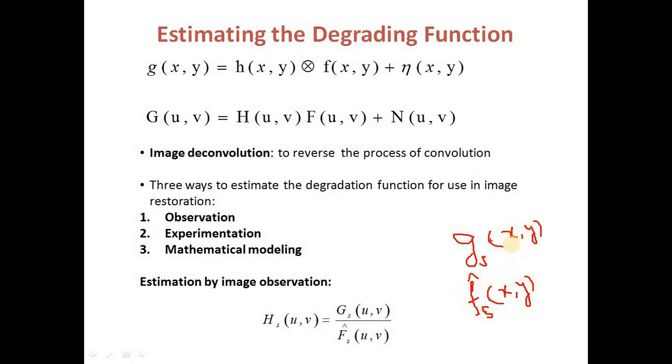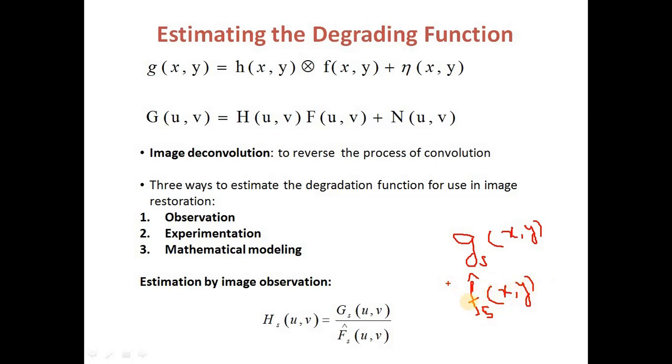We assumed that g s of x comma y was a blurred image, and we tried to estimate the deblurred image as f s cap of x comma y. We got it by using the image sharpening filters and whatever deblurring process we could do, so that f s cap of x comma y is as deblurred as possible.